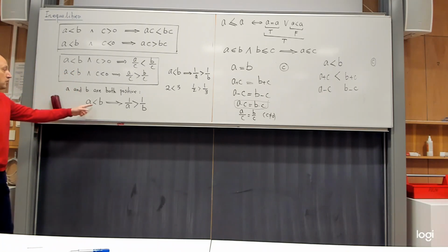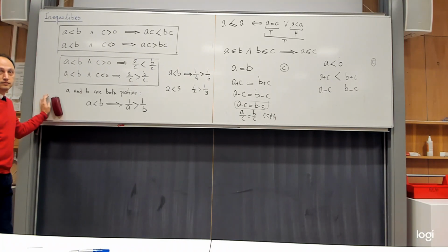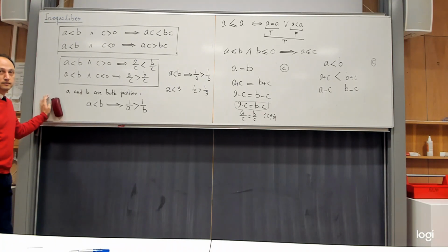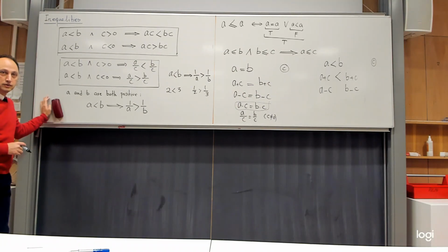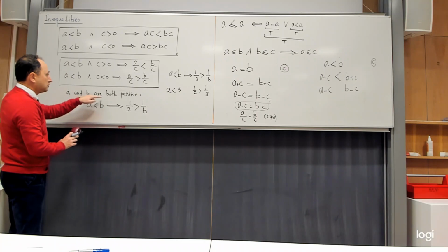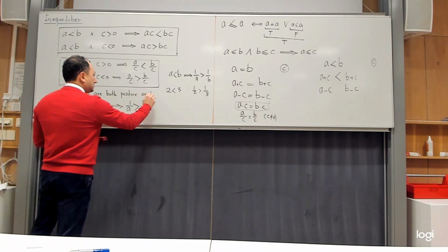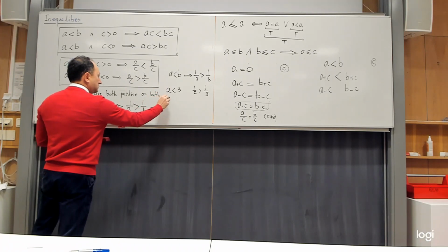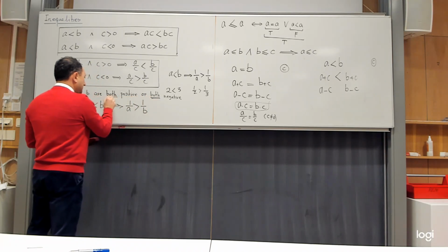What about if both of them are negative? Do you think still it is true? Both of them are negative. If both of them are negative, this is still true. Yes? So let me write A and B are both positive or both negative. Let me emphasize on the word both here.